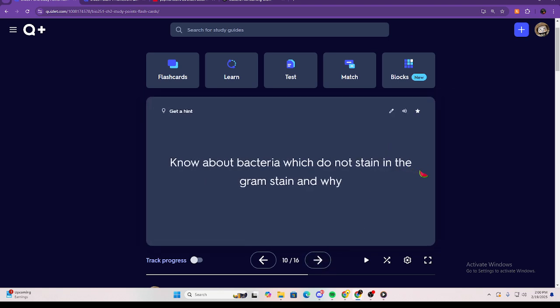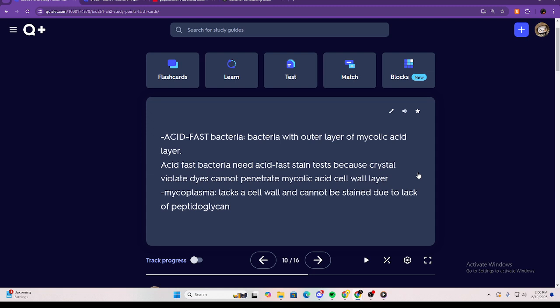And then you need to know which bacteria do not stain in the gram stain and why. Gram stain is not good against acid fast bacteria, because the difference between a gram positive bacteria that is not acid fast and one that is, is that acid fast bacteria has a layer of mycolic acid on the outer cell wall. It's like a shield that prevents the purple dye from penetrating and targeting the peptidoglycan layer.